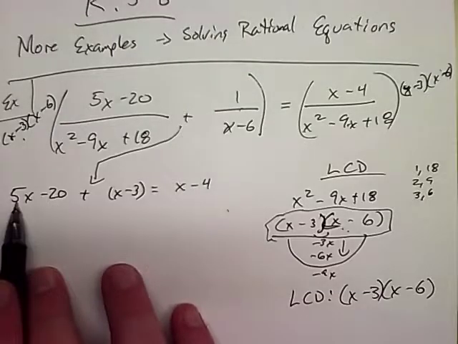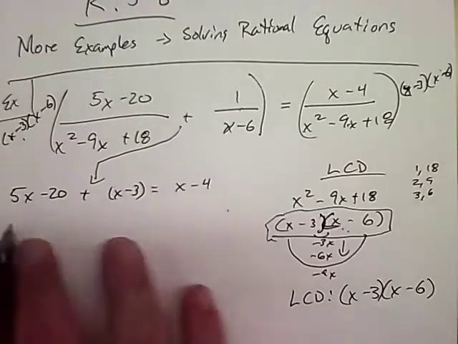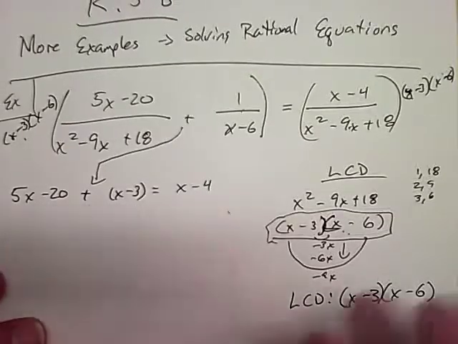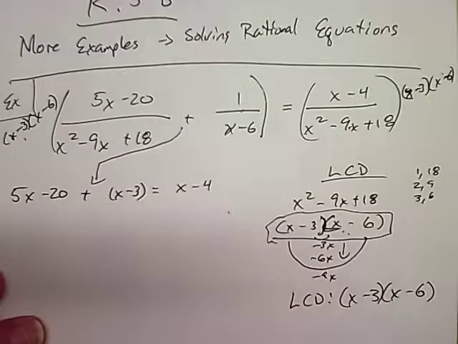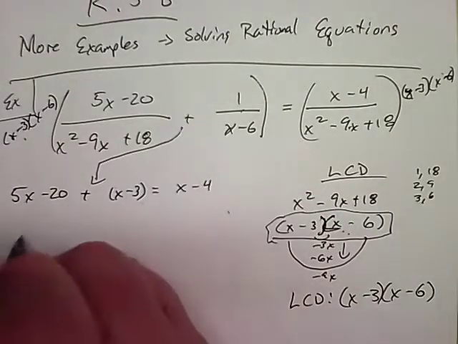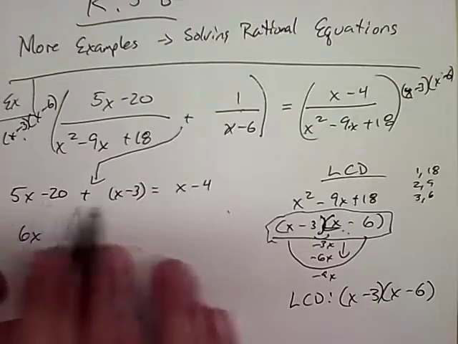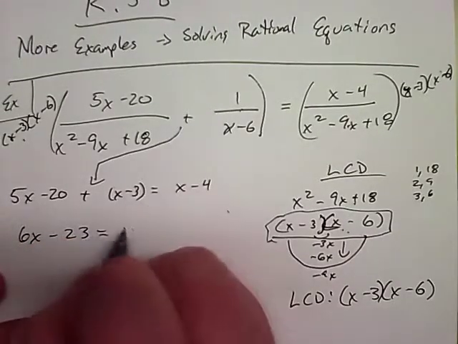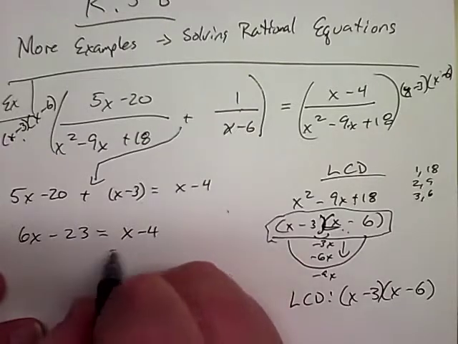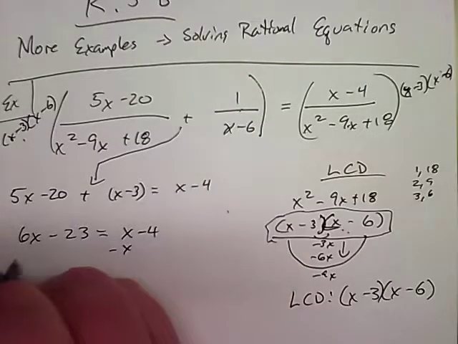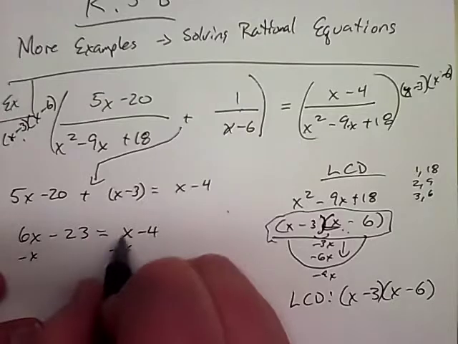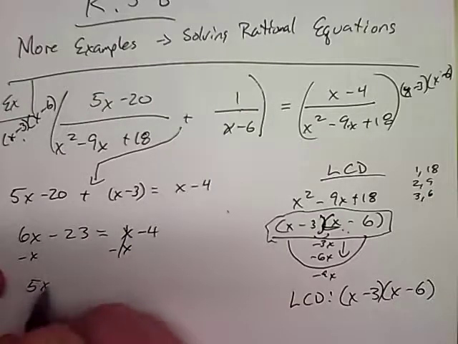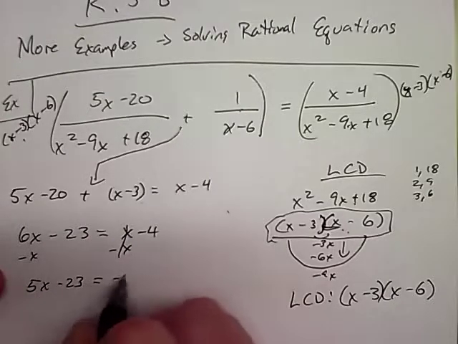Now I combine like terms on the left side, then get the variables on one side and the numbers on the other. 5x plus x is 6x, and negative 20 and negative 3 is negative 23, which equals x minus 4. Getting variables on the left, I have 5x minus 23 equals negative 4.